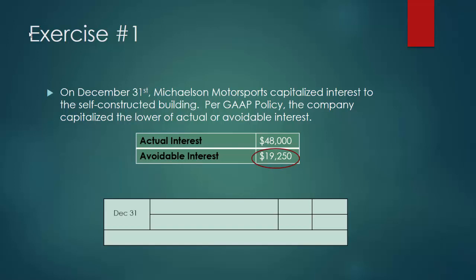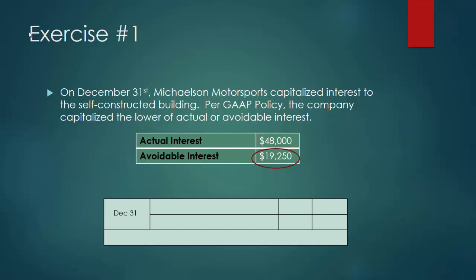What are you going to do? When we are buying assets, we get to record the necessary costs of everything in order to get that asset into practical, functional use.